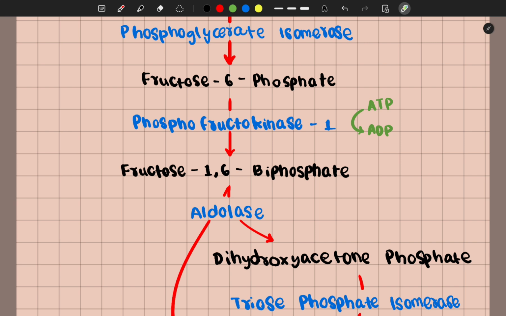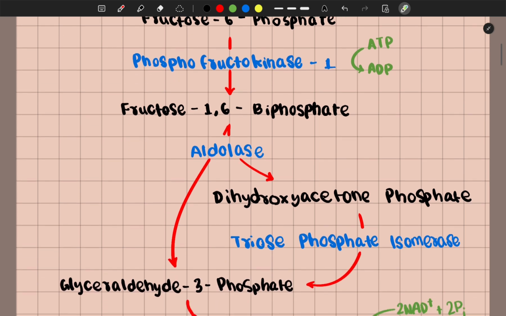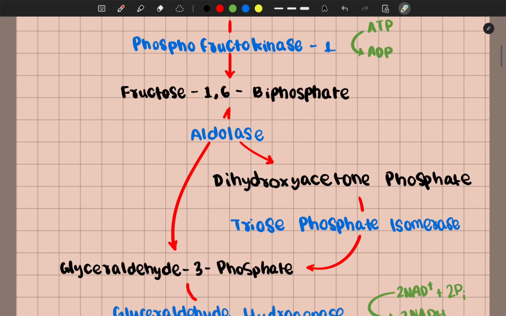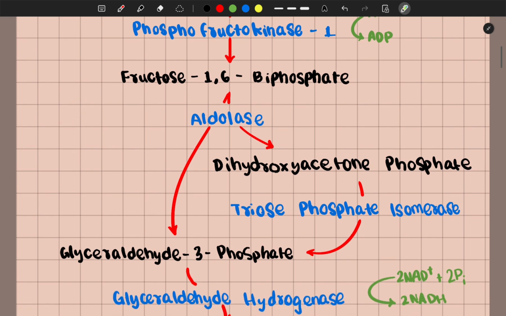Now, this is catalyzed by the phosphofructokinase 1 enzyme, and after this is where the major split happens. This is where we go from a 6 carbon molecule to a 3 carbon molecule. Well, actually, two 3 carbon molecules for every glucose molecule.